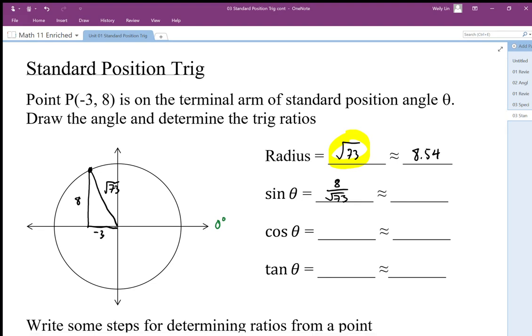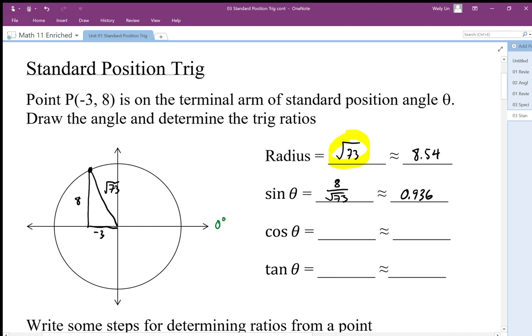So if I do 8 divided by square root 73, I get 0.936. So that tells me that the opposite to radius is this side is about 94% the length of the hypotenuse there.